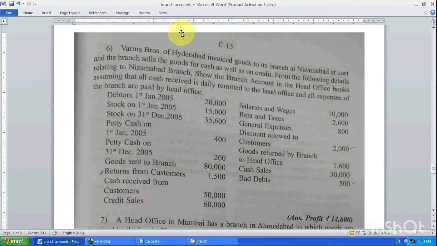Verma Brothers of Hyderabad invoice goods to its branch at Nizamabad. Hyderabad is the head office, Nizamabad is the branch. And the branch sells the goods for cash as well as credit.